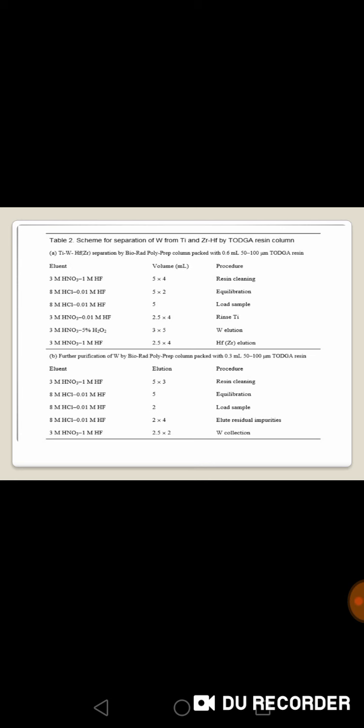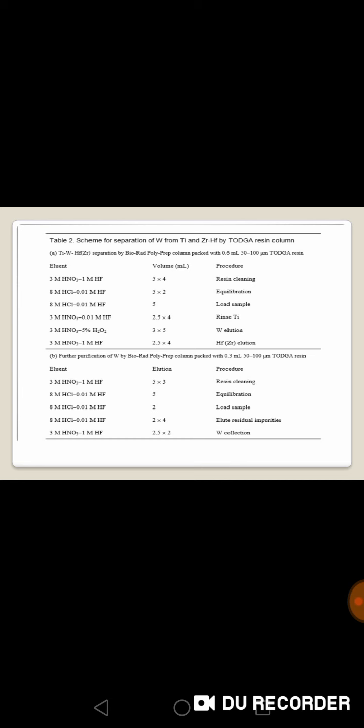After the tungsten elution, the hafnium and zirconium will also be eluted out by using different eluents that are mentioned in the left upper corner for the respective procedures.